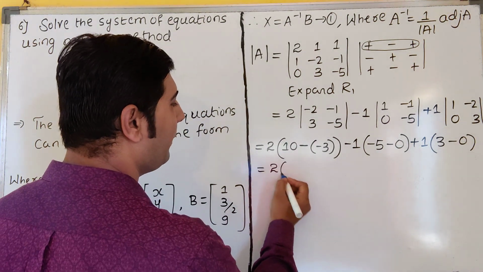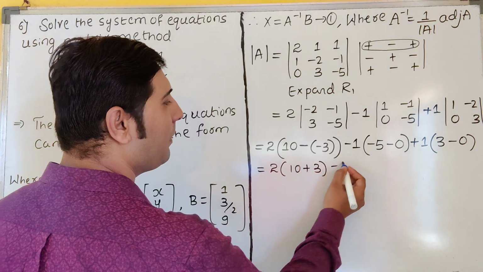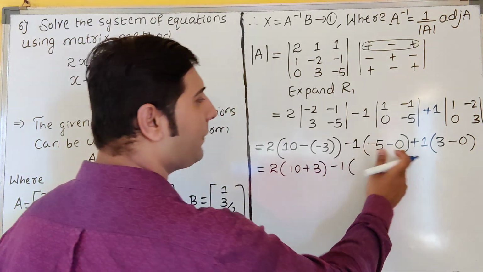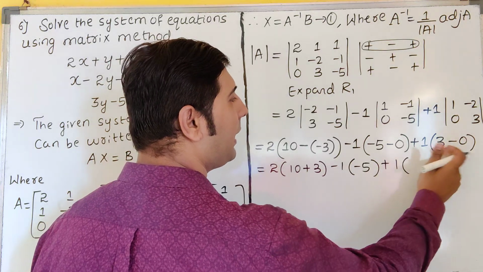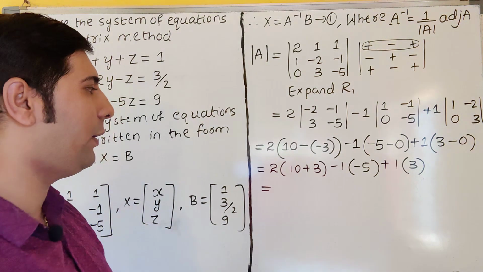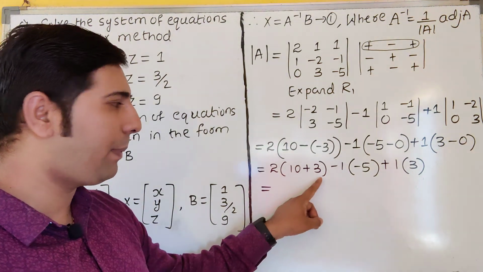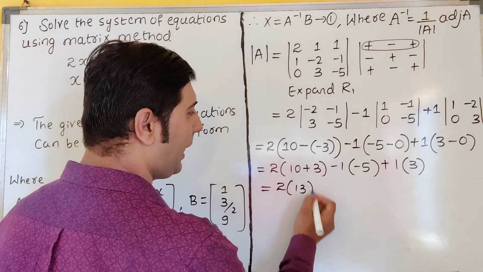You see. 2, 10, minus into minus plus 3. Minus 1 I will write. Minus 5 minus 0 is minus 5. 1. 3 minus 0 is 3, dear students. So now try to understand. 10 plus 3 is how much? 13. 13 I will write.